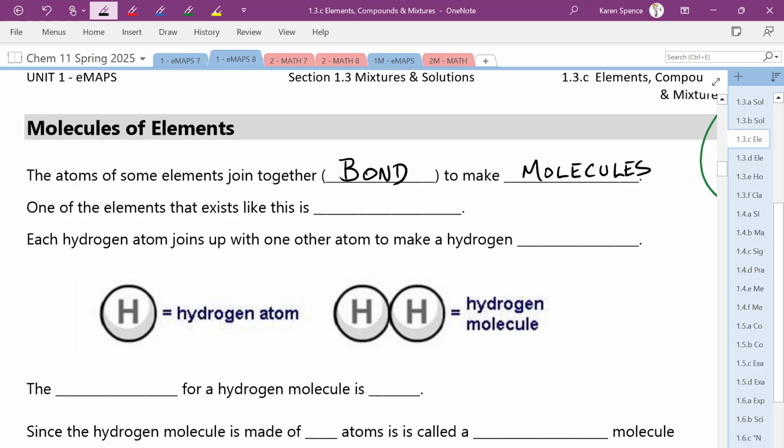Now, actually, I would like to be more specific here. When we say some elements that form molecules, not just any elements, they're always going to be non-metals. If you've got a molecule, it's made of nonmetals.